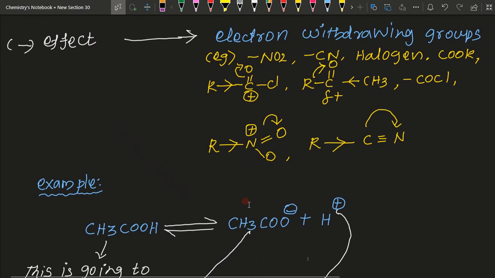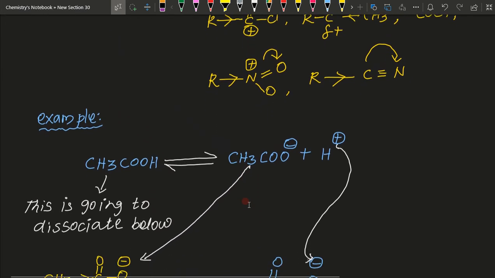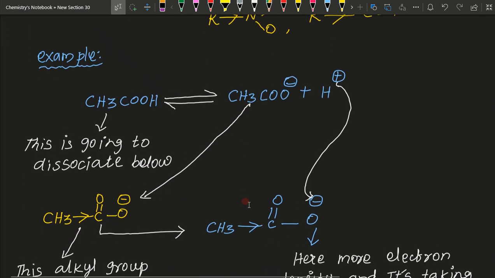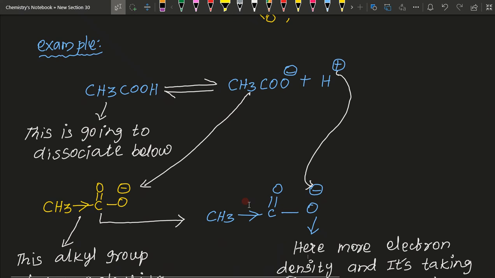For example, CH3COOH, this is acetic acid. It is going to dissociate into CH3COO minus plus H plus. This is going to dissociate below.